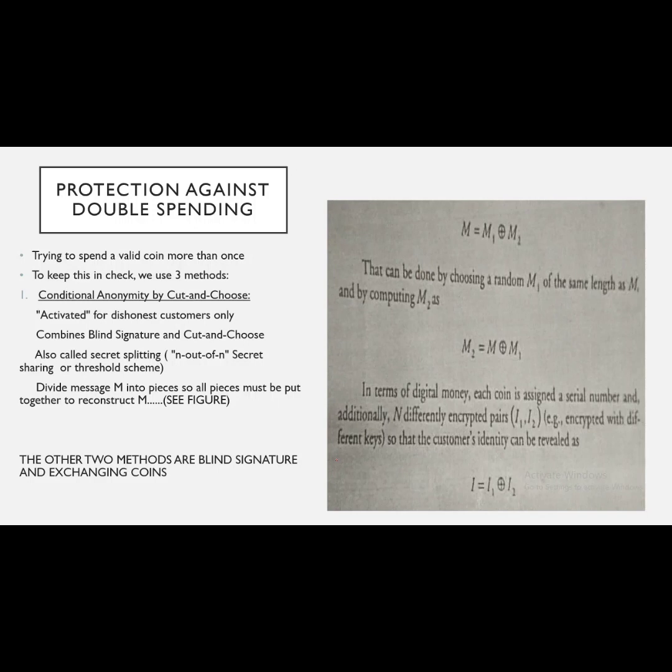The other two methods are blind signature, which, as we said, is based on the RSA. In blind signature, the extra mechanism added is we store all the serial numbers in a database, and all the coins ever spent are recorded in that database.